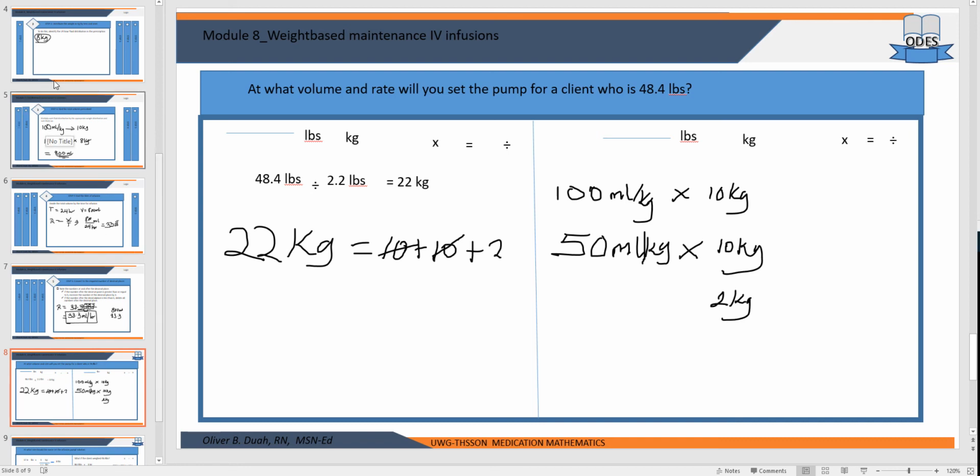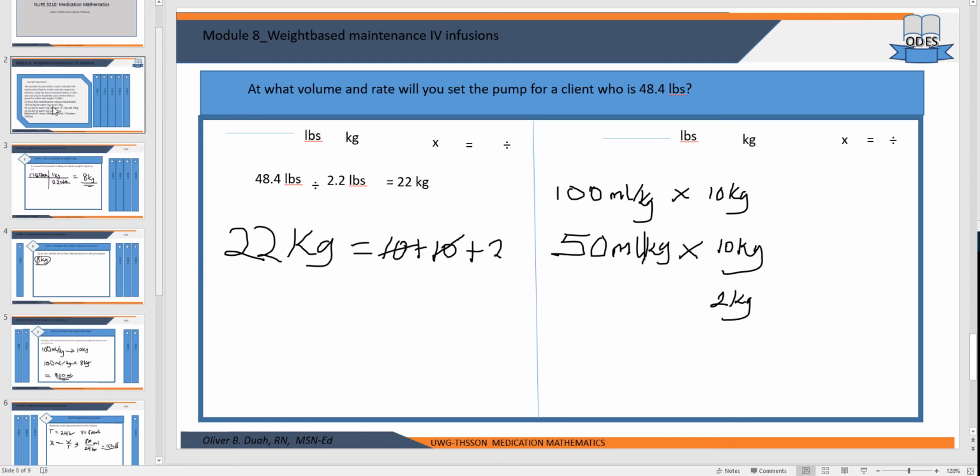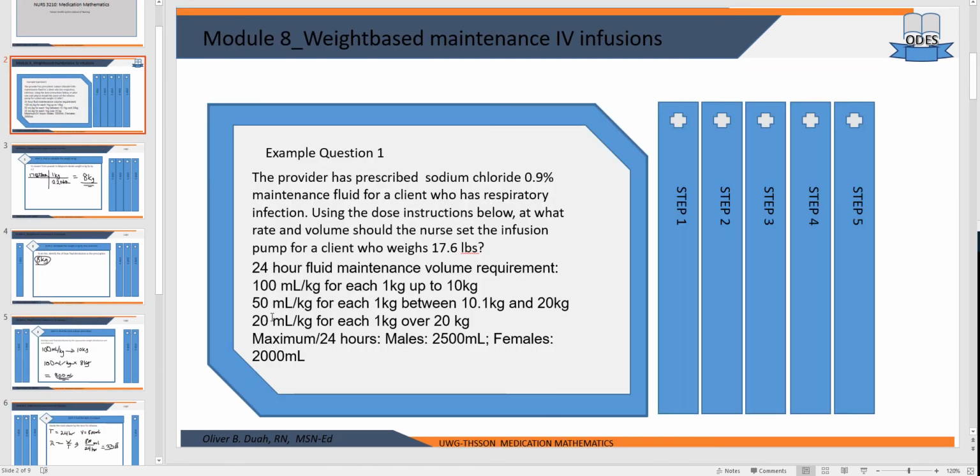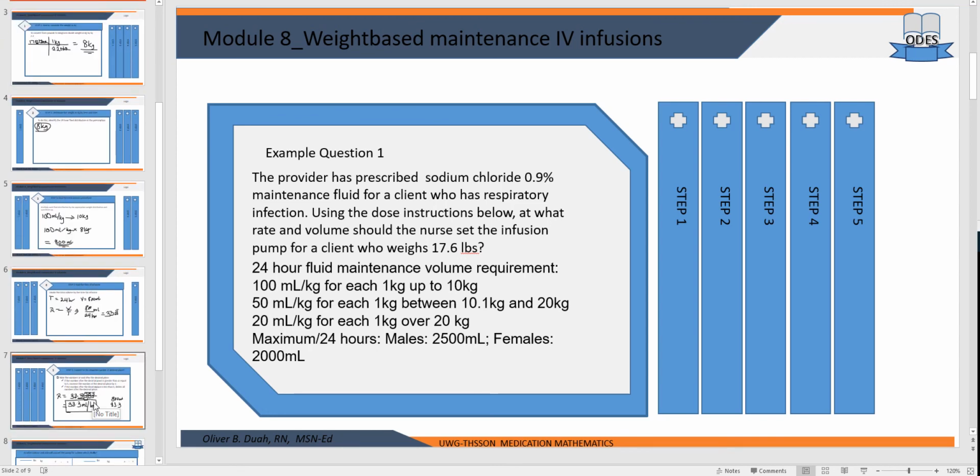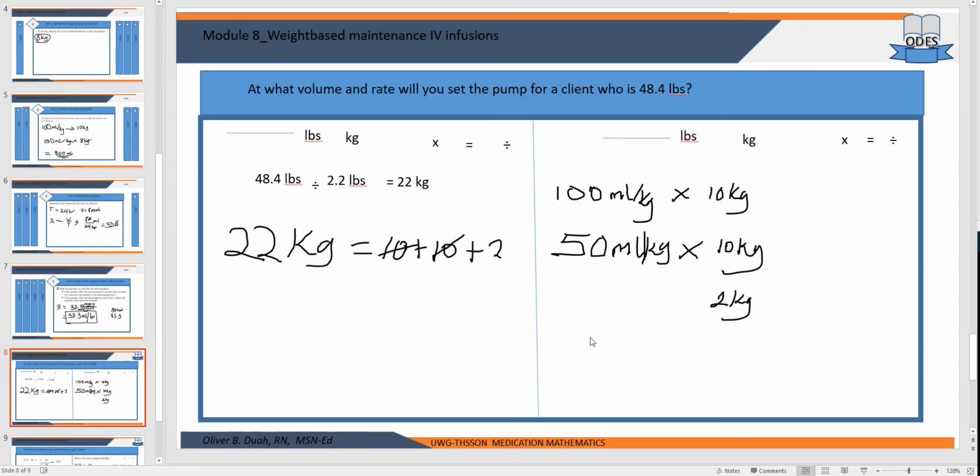So we look at what the next criteria is, and it says the next should be 10 ml per kilogram for each kilogram over 20 kilograms. So 2 is what we have, that is over 20 kilograms, and therefore we are going to multiply that by 20 ml per kilogram.